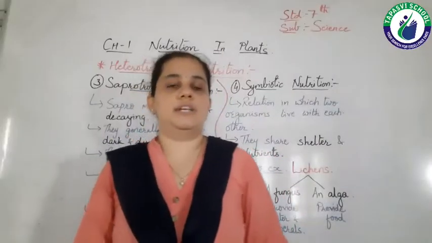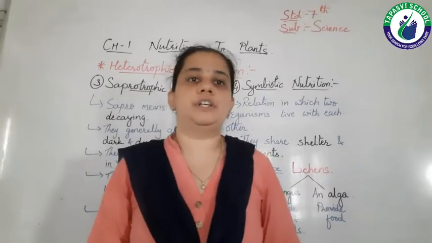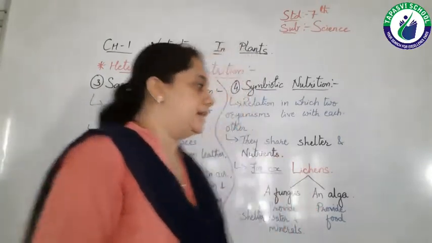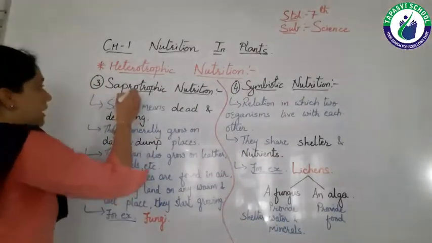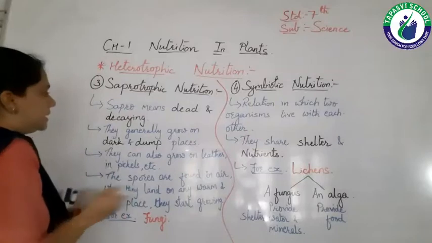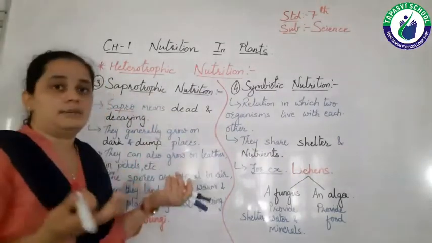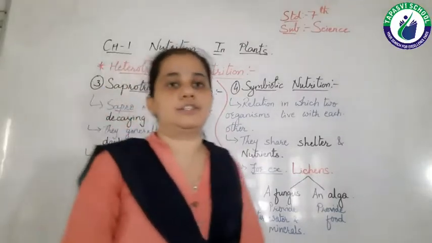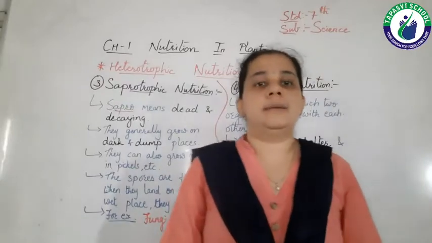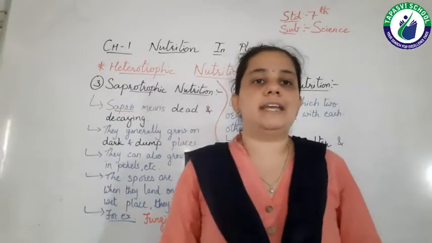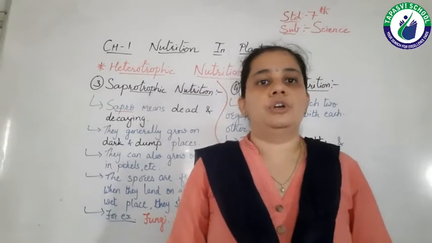So now students, let's move towards the third type of heterotrophic nutrition, that is saprotrophic nutrition. Here the word sapro means dead and decaying, and trophic means nourishment. The organisms which depend on dead and decaying matter for their nourishment are known as saprotrophs.